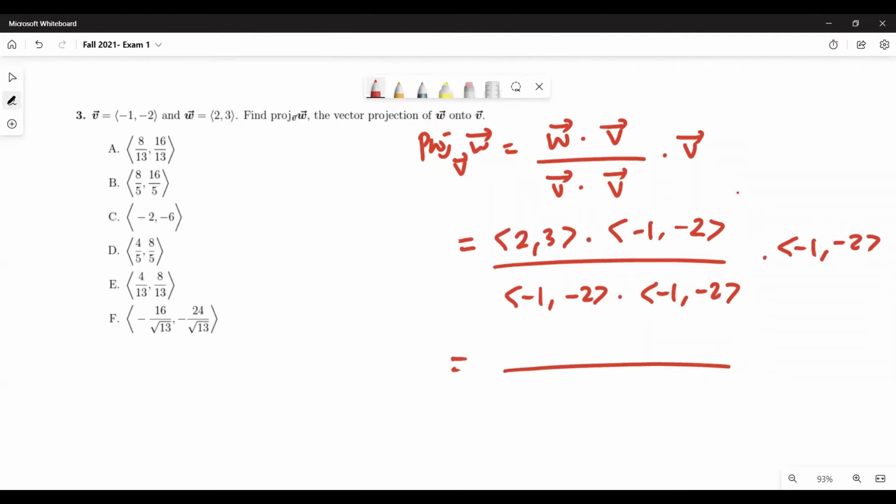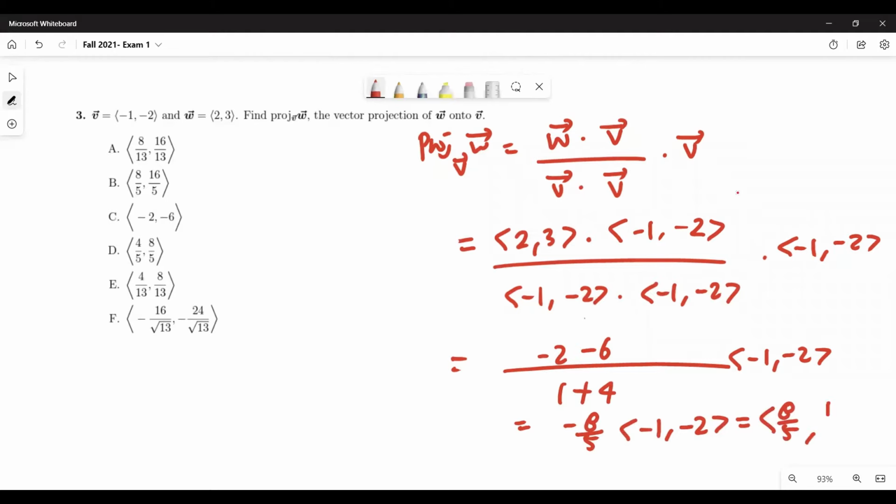This will be written as -2 - 6 for the numerator and 1 + 4 for the denominator, times (-1, -2), which can be simplified as -8/5 times (-1, -2), which is (8/5, 16/5).